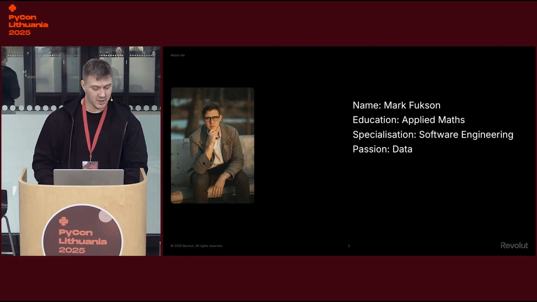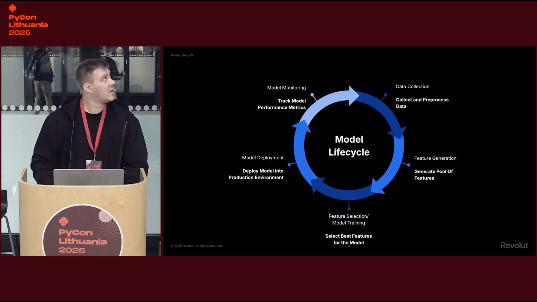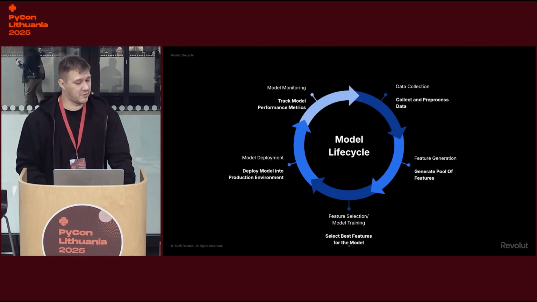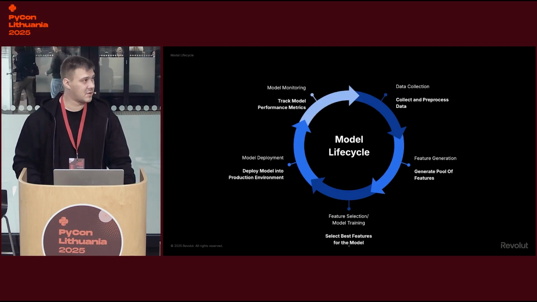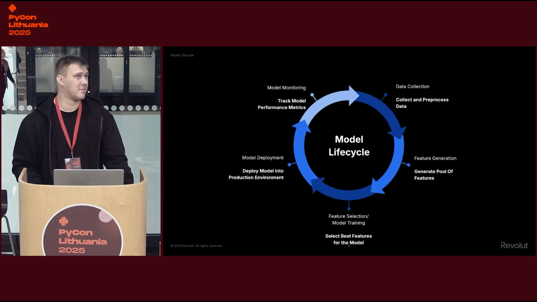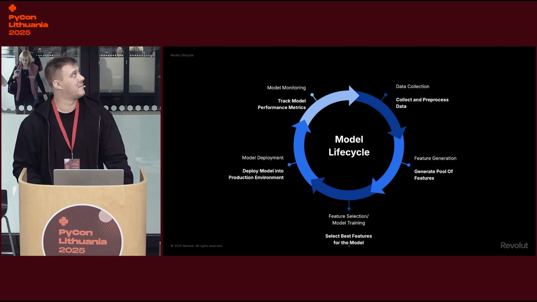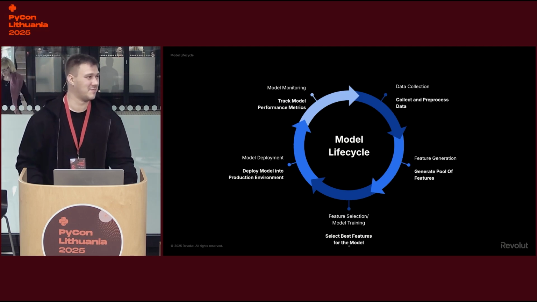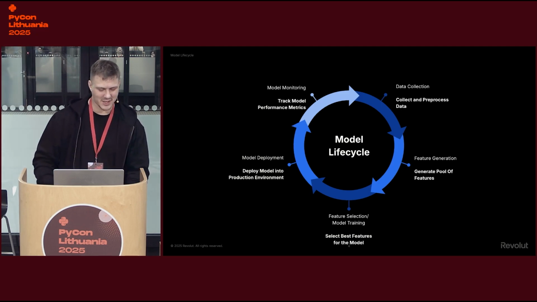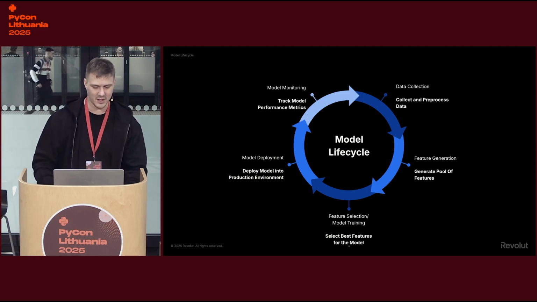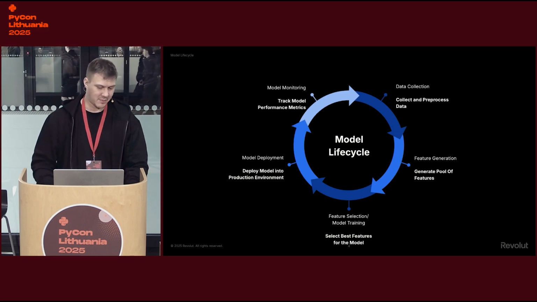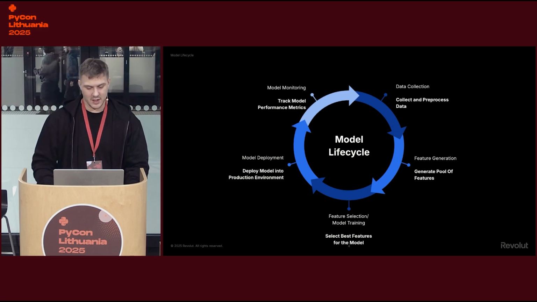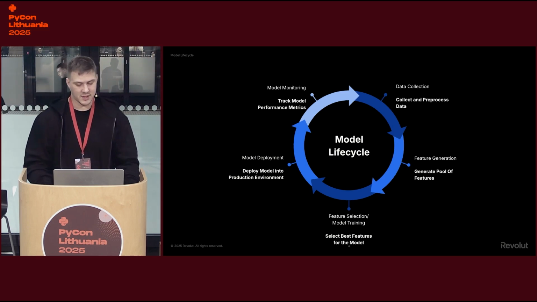Yeah, jumping to the model lifecycle. I think that most of you will be familiar with it, although I think that it's different from company to company, or even in Revolut it's different from team to team. So I will present how the model lifecycle looks in the credit department in Revolut. First of all, it's about data collection. Then we have a feature generation process.